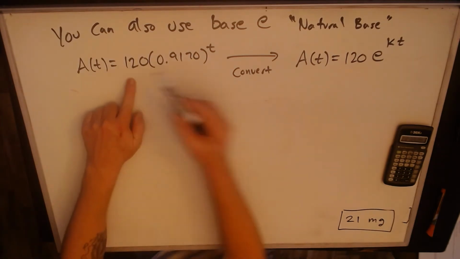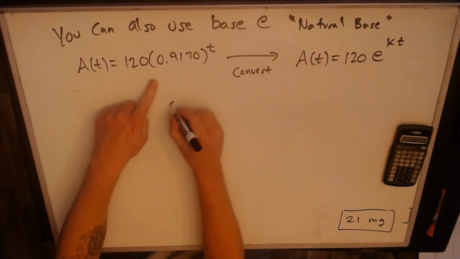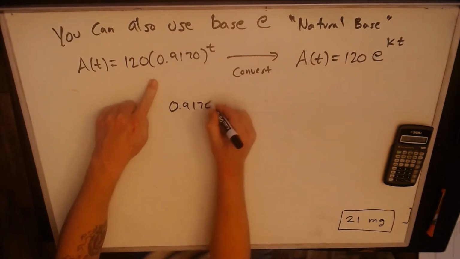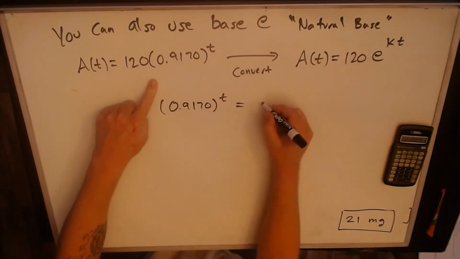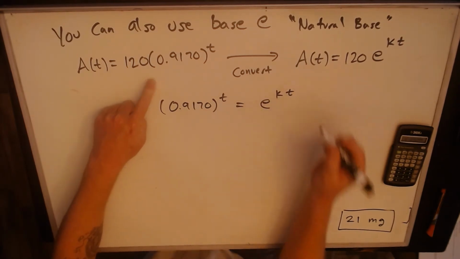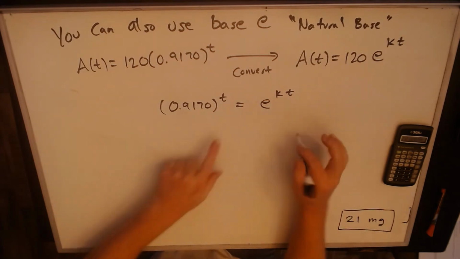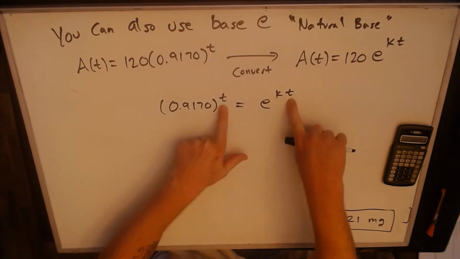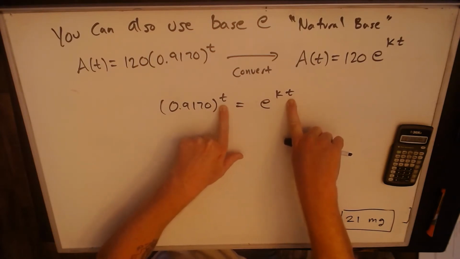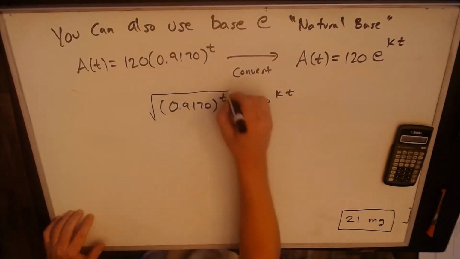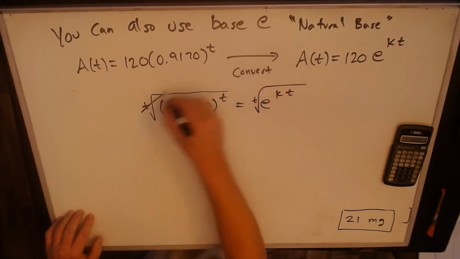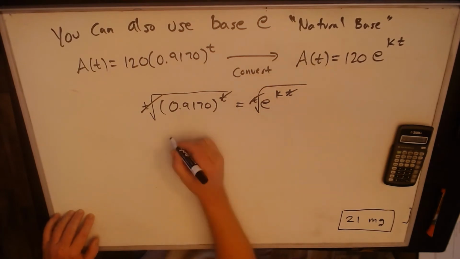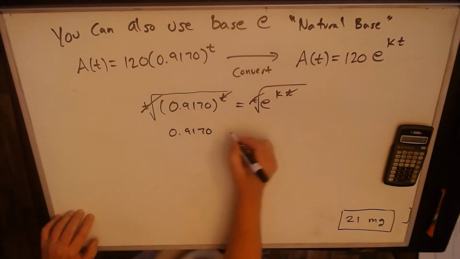Okay, remember the constants will remain the same, so you just take the bases and set them equal to each other. These are both raised to the power of t. I didn't really do this last time, but if you really want to, you're taking the t-th root of both sides. So those cancel out, and so you end up with 0.9170.